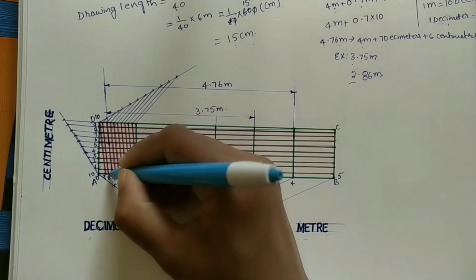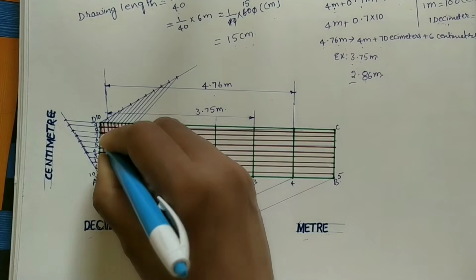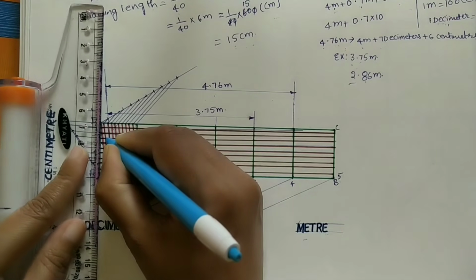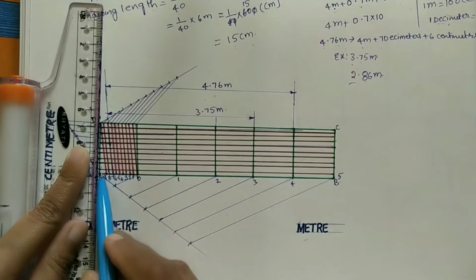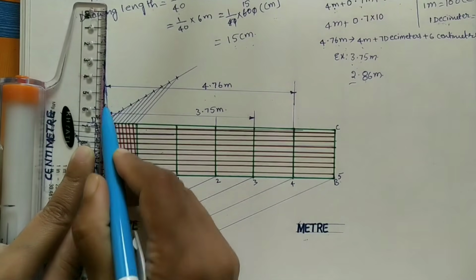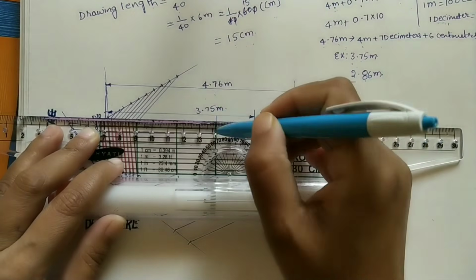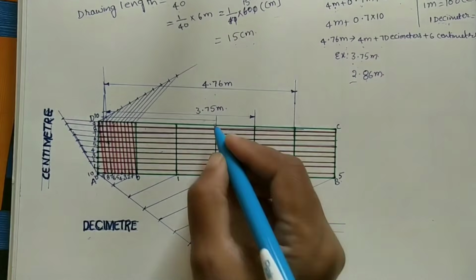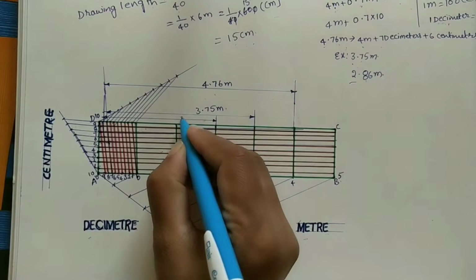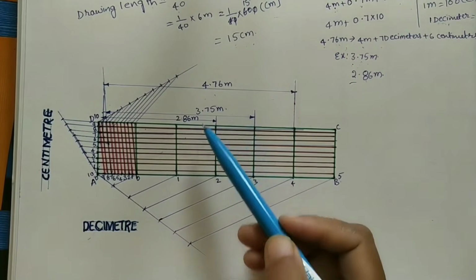We have to take the 8th line up to the 6th. Here it will come. At this point draw the vertical line, not an inclined line. Take any one of the lines as the reference line. At this point draw the vertical line like this. For this gap draw the dimension line like this. Keep the arrows at both sides. Mark this dimension 2.86 meters.